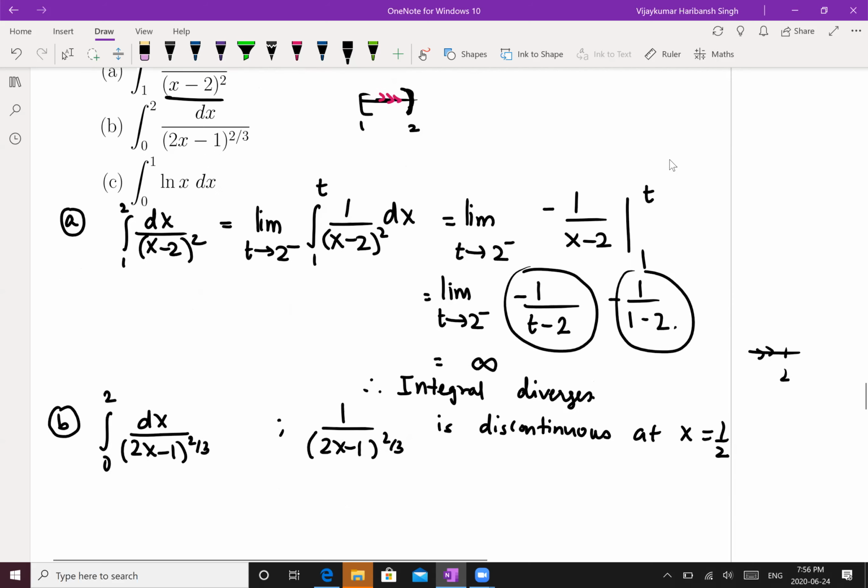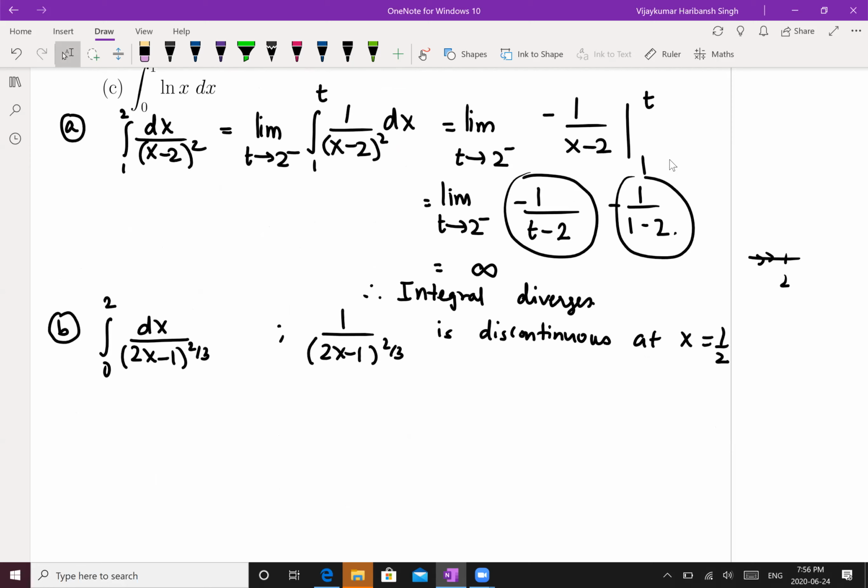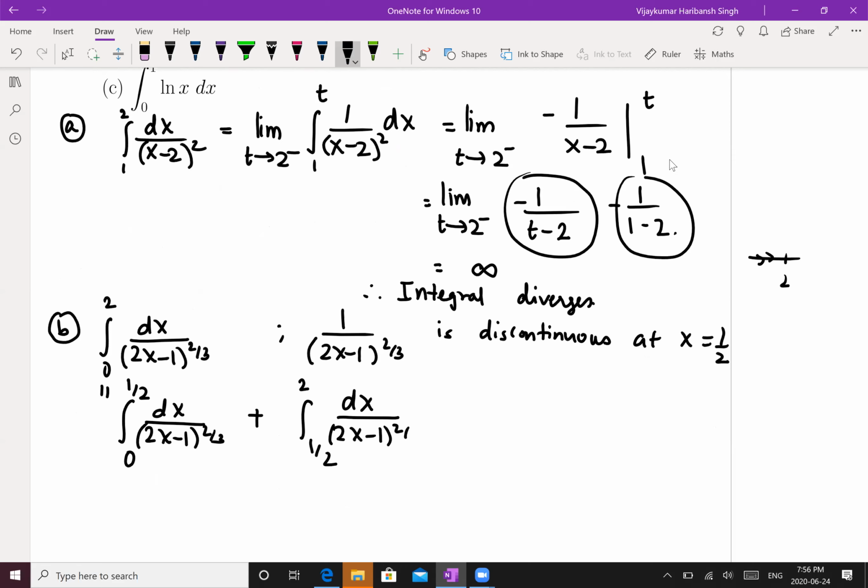So since the discontinuity lies in between, my integral can be split into the integral from 0 to half of dx over (2x minus 1) to the power 2 by 3, plus the integral from half to 2 of dx over (2x minus 1) to the power 2 by 3.